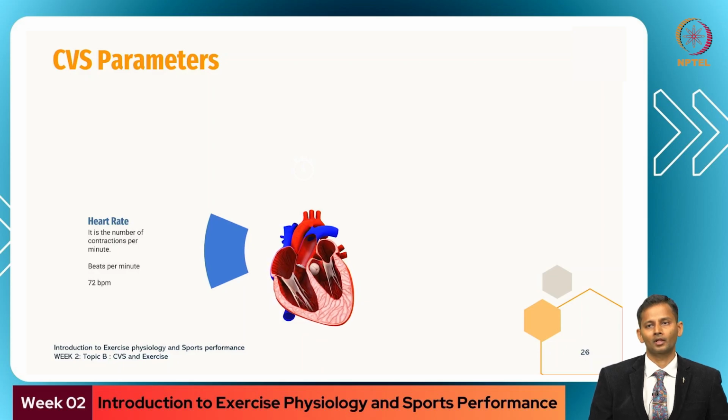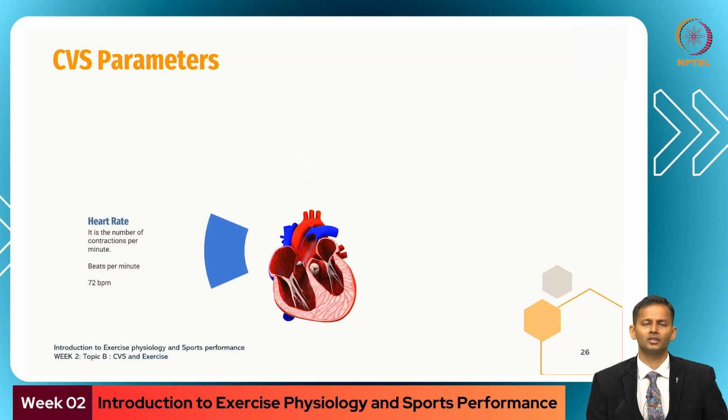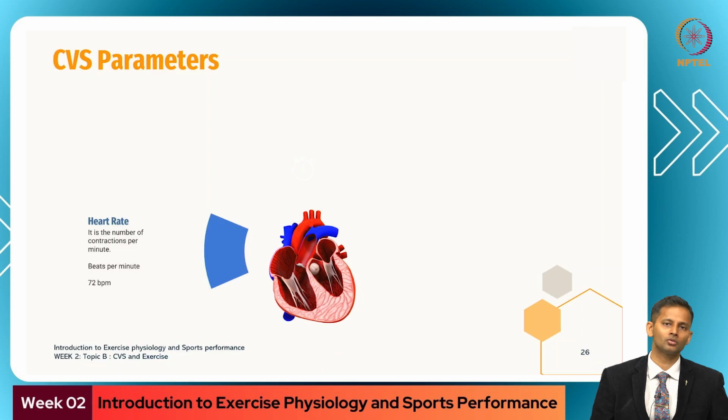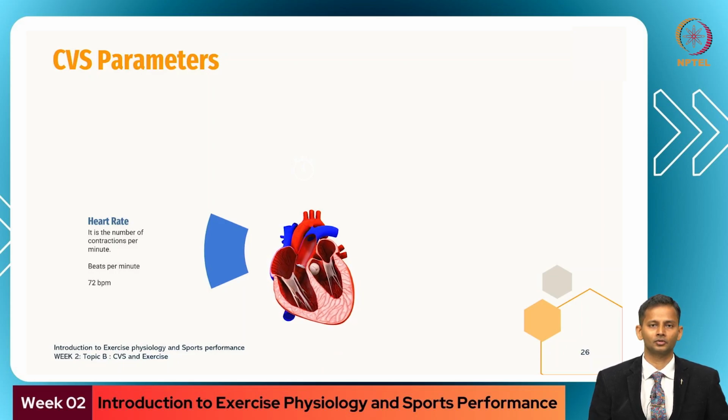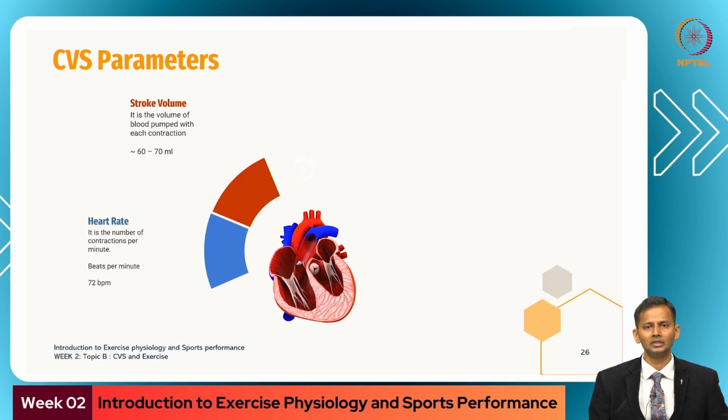The inherent capacity of this node is to beat at around 100 beats per minute, but because of various other external factors it gets reduced to a resting rate of 72 beats per minute. So that leads to a parameter called heart rate. Heart rate is the number of contractions that you could measure over a minute. It is beats per minute, and it's generally 72 beats per minute.